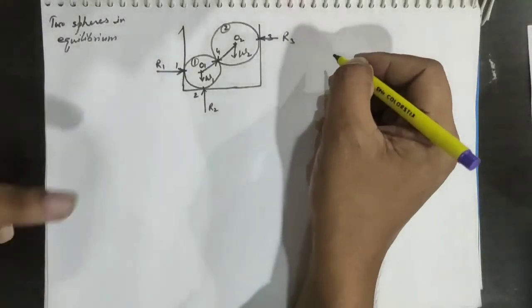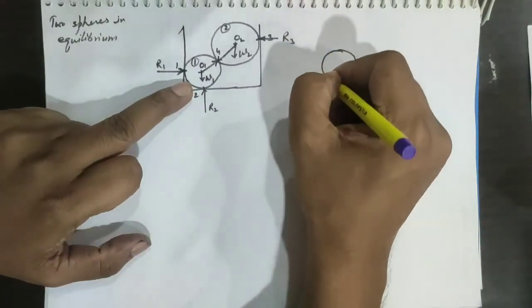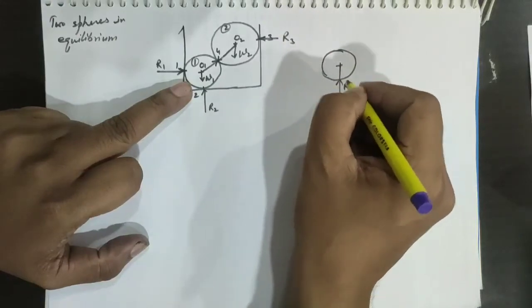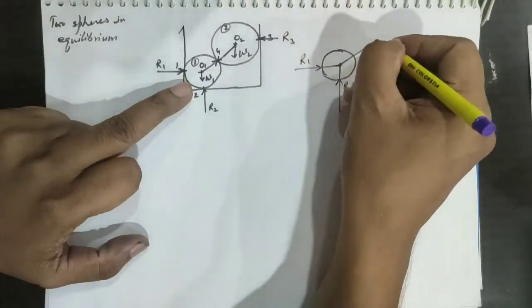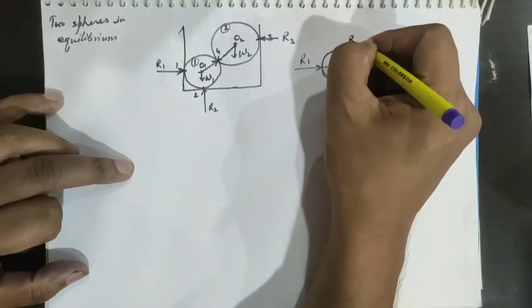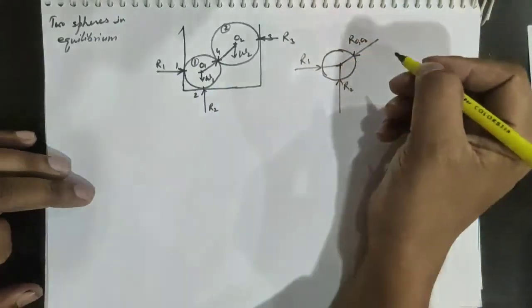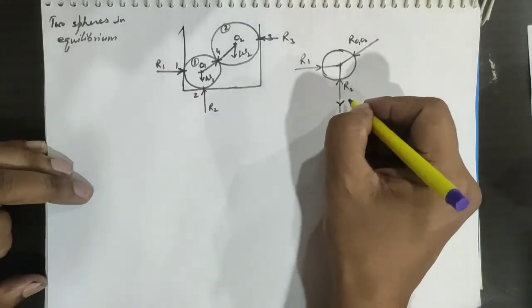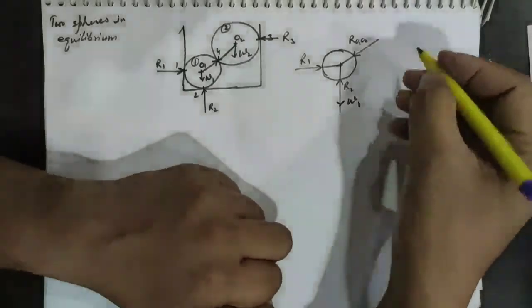Then we can make the FBD for the first sphere: R2, this R1 horizontal, one force RO1O2 in this way, and weight W1 downward.